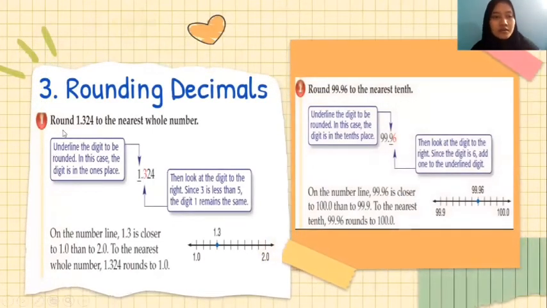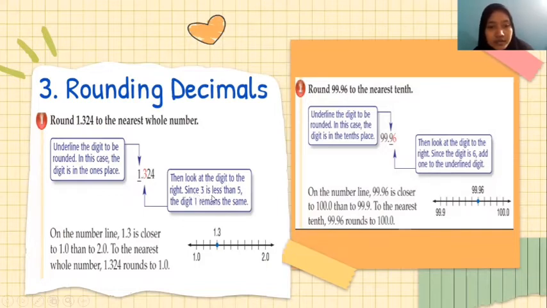Rounding decimals. Round 1.324 to the nearest whole number. First step is underline the digit to be rounded. In this case, the digit is in the ones place. This is the underlined one. And then look at the digit to the right.